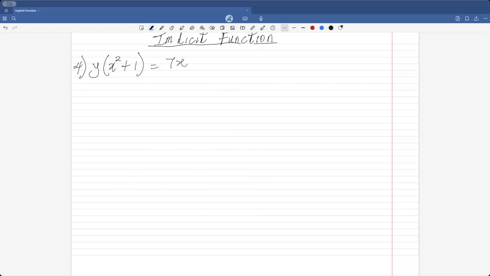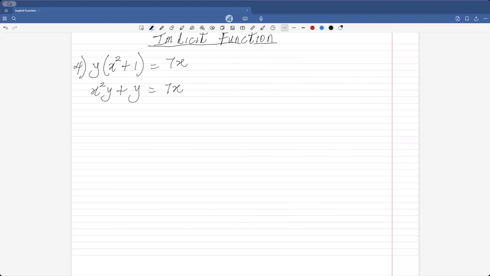So at this point in time, we have a different question. So first things first, let's open the parentheses. So we have x squared y plus y equals 7x.